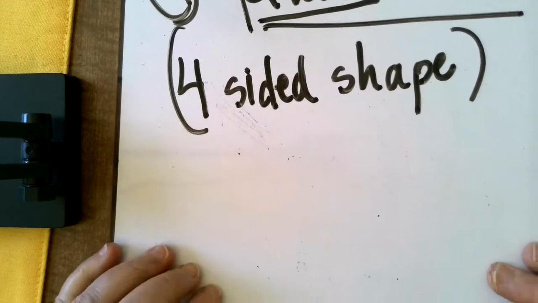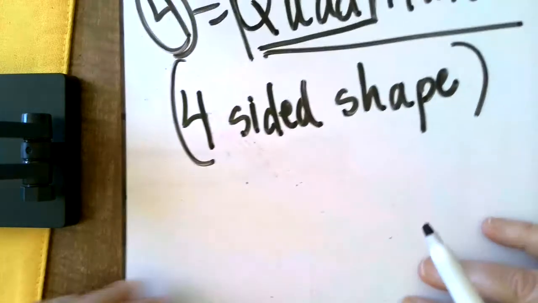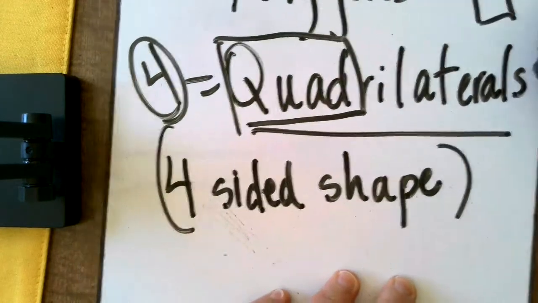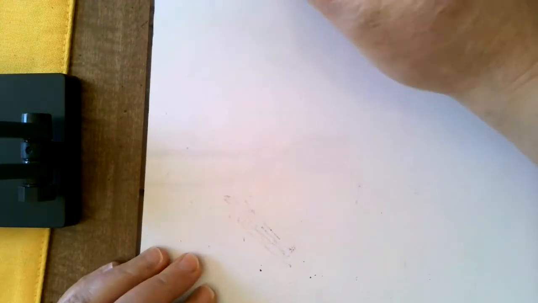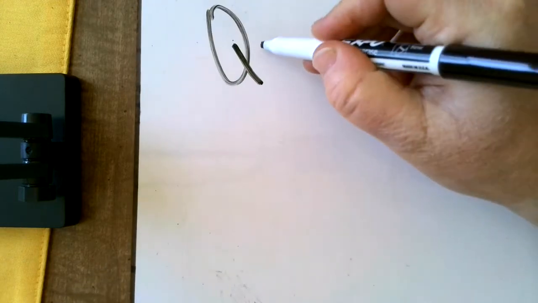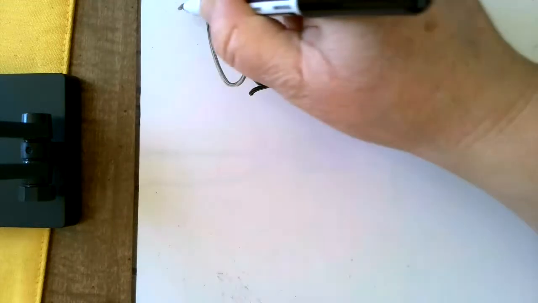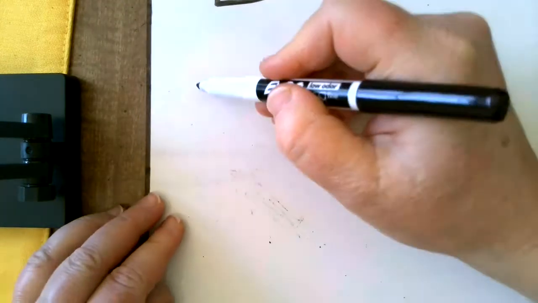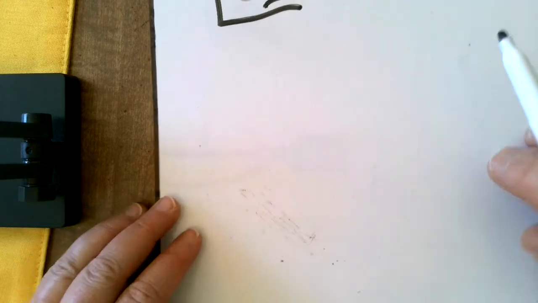The first one would be, let me erase this a little bit so that I have some room. I'm going to write quads up here just so that we remember that that's what we're talking about. Okay. The first one that I want you to know would be a parallelogram.